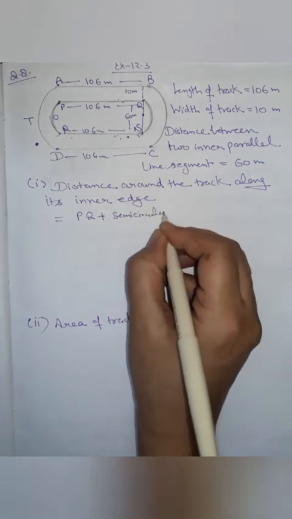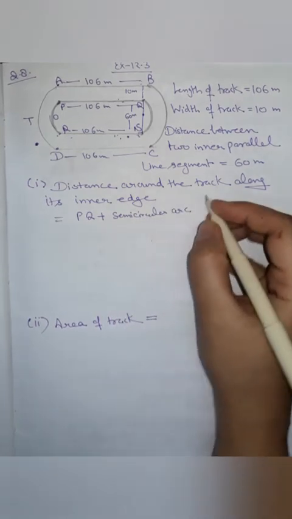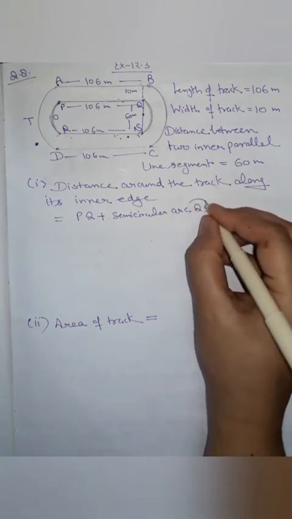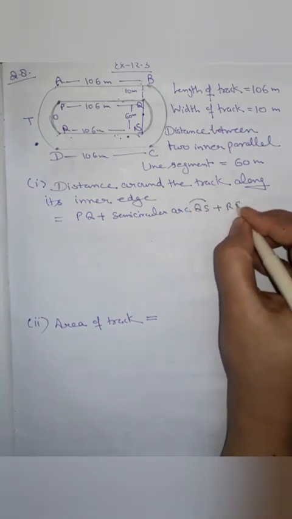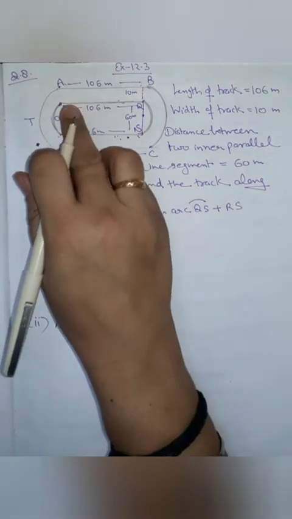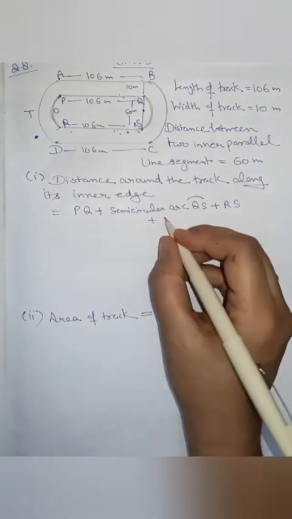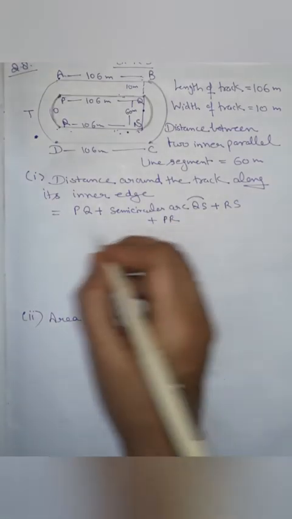semicircular arc, that is QS arc, we can show it like this, plus RS plus one more, plus PR.